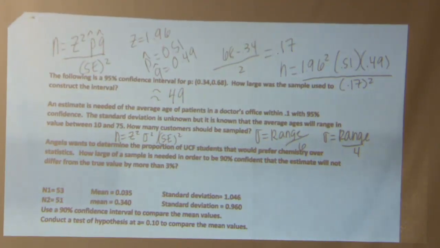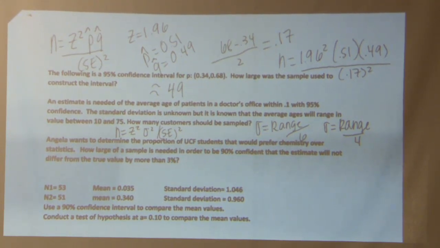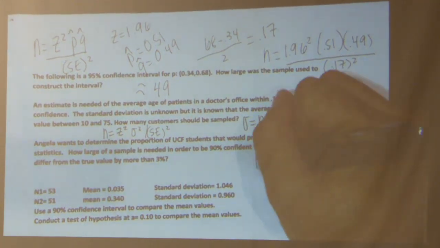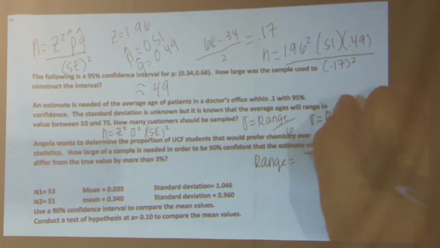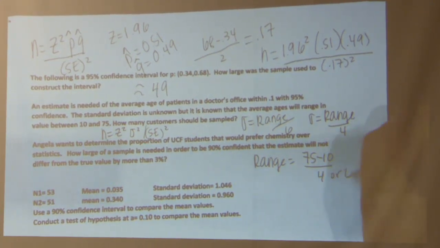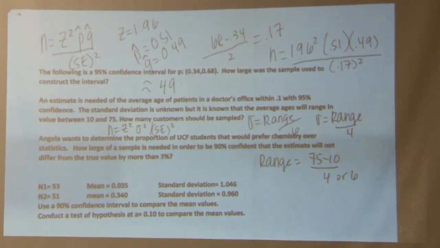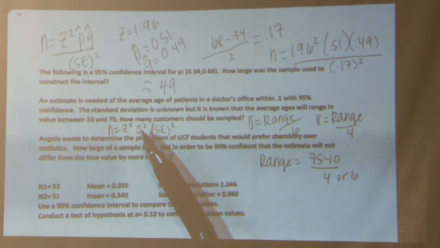So our range is going to be 75 minus 10, and then either divide that by 4 or divide that by 6. Using that, we can plug it back into the formula, and you would put it into the range value.